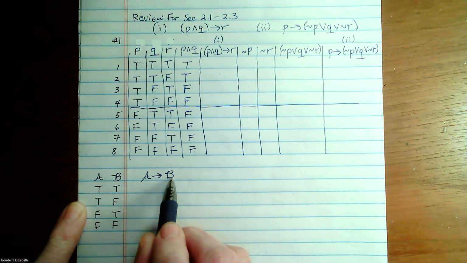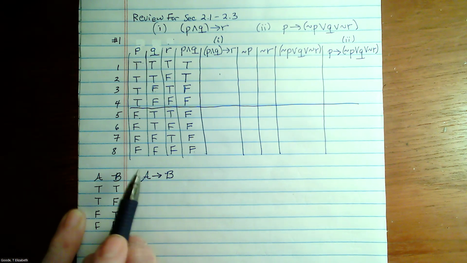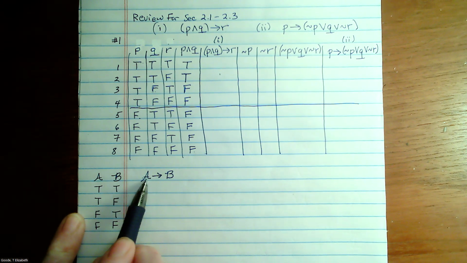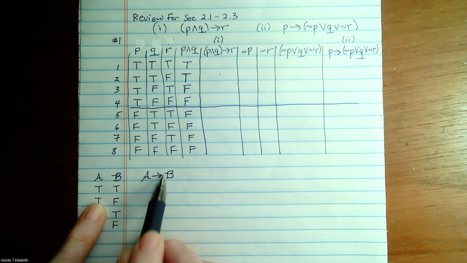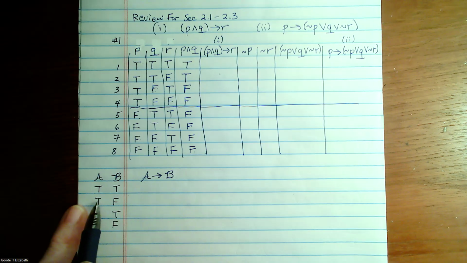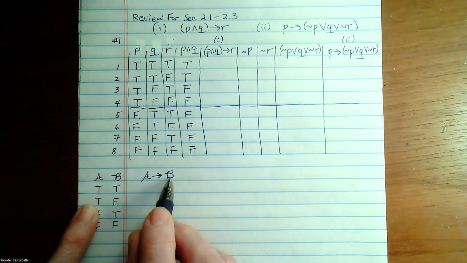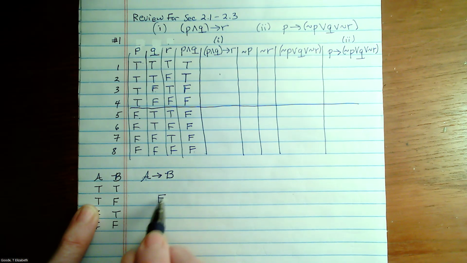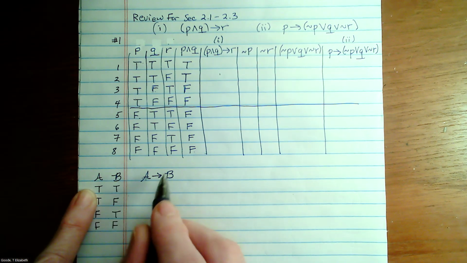The rule for evaluating the conditional, the if-then, what's also called an implication: A implies B only fails under one condition. It only fails when the hypothesis, the quantity on the left of the arrow, is true, and the conclusion, the quantity on the right side of the arrow, is false. If both the hypothesis and the conclusion are true, the if-then is true.